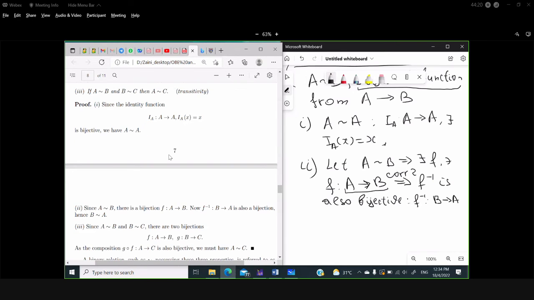Now, what about the third one? How can we prove the third property? The third property actually comes from the composition of functions.